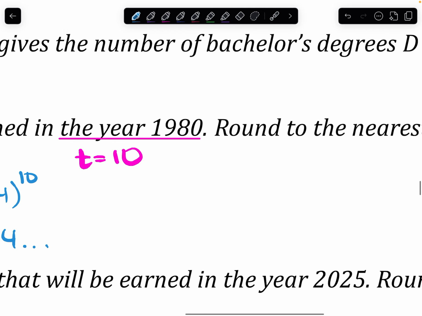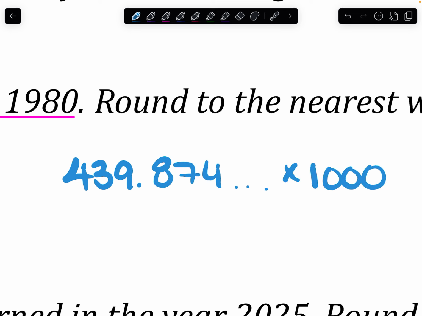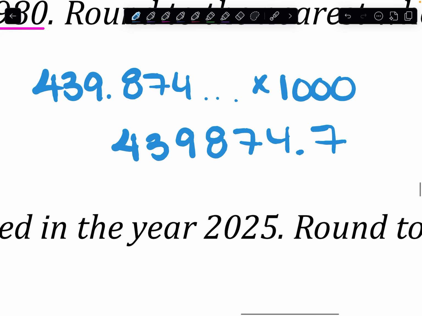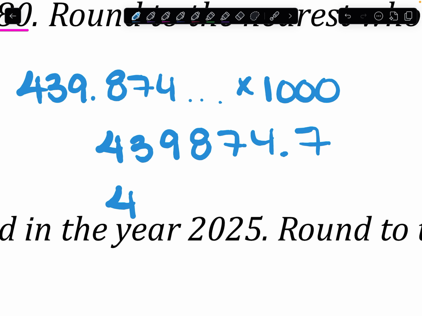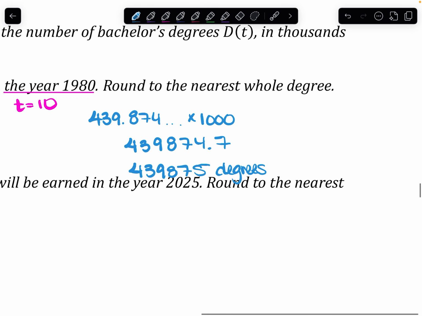So we're going to take our 439.874, whatever it was, and multiply by 1,000 because our data is in thousands, and that is going to give us 439,874.7. Then we are going to round to the nearest whole degree. So that would be 439,875 degrees. So be really careful with the rounding here. You don't want to round to the wrong place.